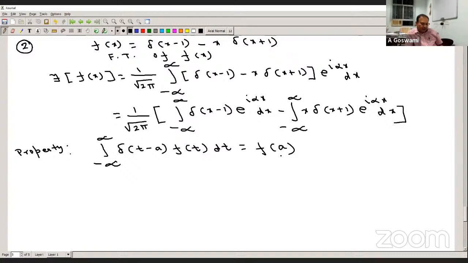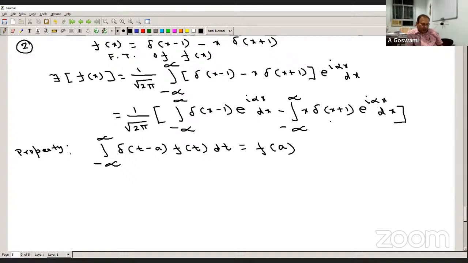Effectively, in place of t in f t, you are putting t equals a whenever it is delta t minus a. So for the first integral, simply it will be the value of e power i alpha x at x equals 1, whereas for the second case, it will be the value of e to the power i alpha x when x is minus 1.